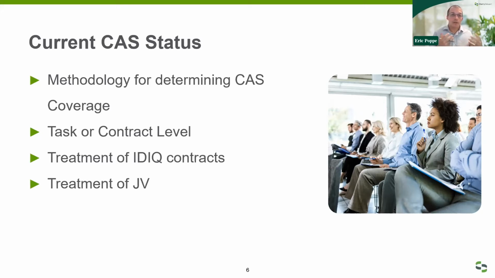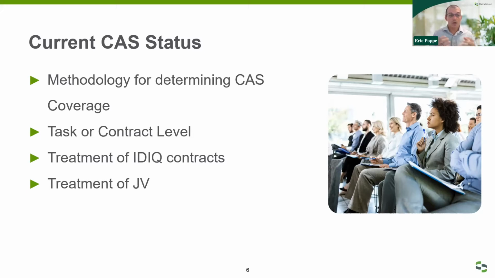So typically, the most conservative way to go about it is to look at it on a contract or task level, but there are definitely multiple competing thoughts on how you handle that when you have an IDIQ. And also, you have to consider CAS when you have a JV. A lot of companies are entering into JVs to access a new agency for certain bidding opportunities, to be able to team and be the most competitive.